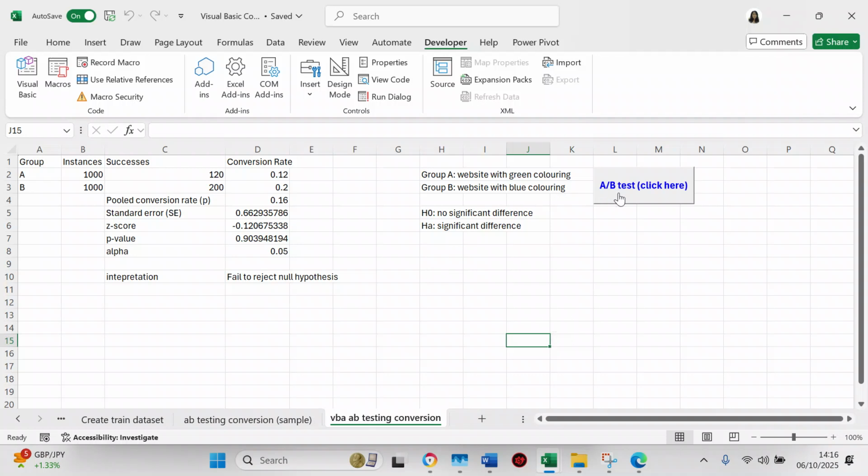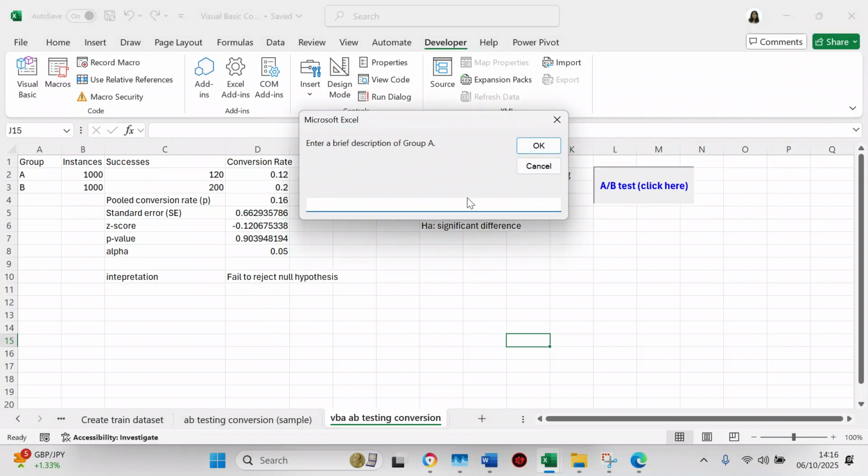But now I'm going to do another A/B test. Green color on site for A. Blue color on site for B. Instances on A. Instances on B. Successes on A, I'm going to say 50.